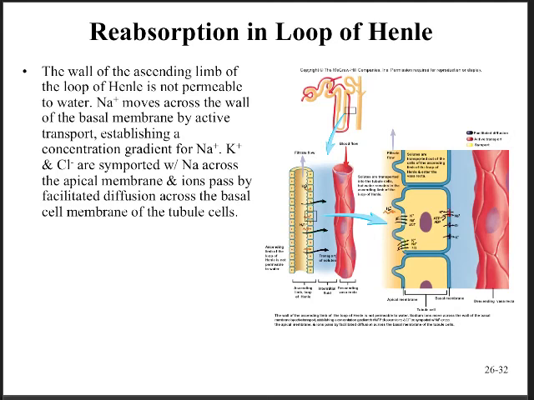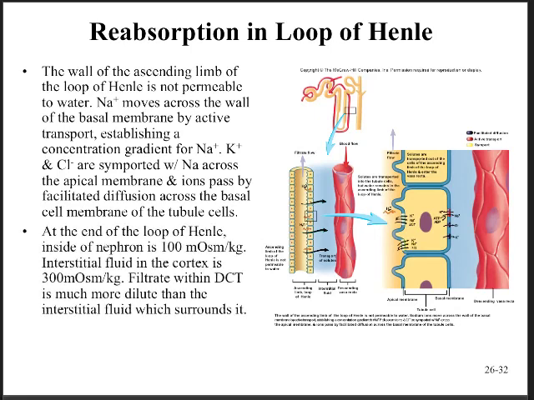Okay, so the wall of the ascending limb of Henle is not water permeable, but it does actively pump the sodium across the wall of the basal membrane. This generates a concentration gradient for sodium, potassium, and chloride that are symported with the sodium across the apical membrane, and the ions pass by facilitated diffusion across the basal membrane of the tubule cells, and there they occupy the medulla.